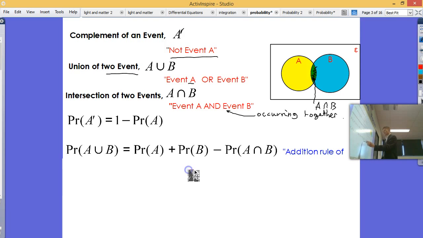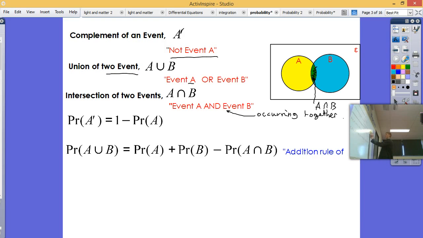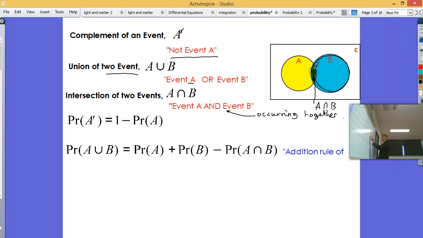We have the union, the probability of the union of two events. So that is, we take all of A and then we add all of B. But by adding them two together, we've doubled up on parts of the intersect. So we have to subtract one of them. Okay?